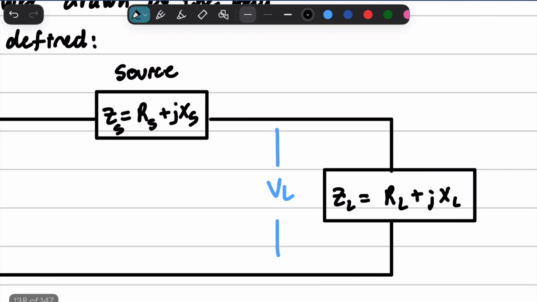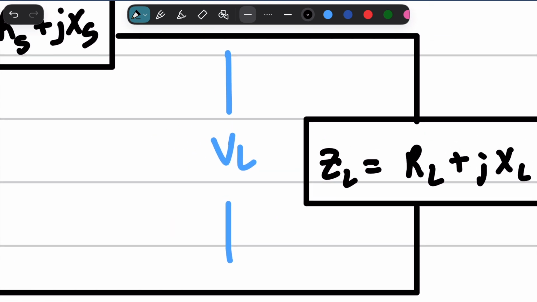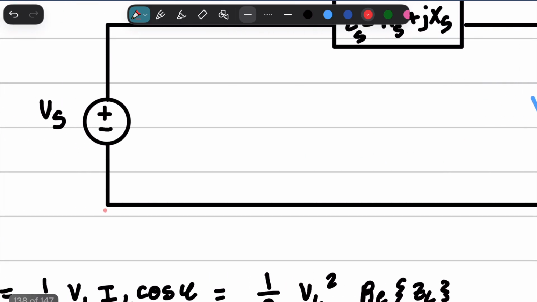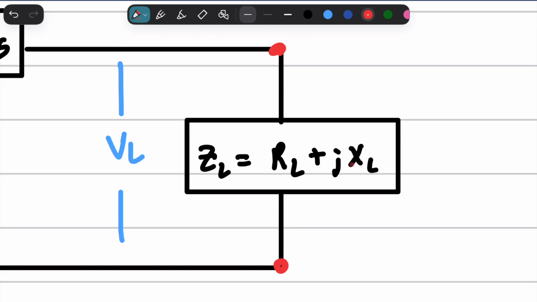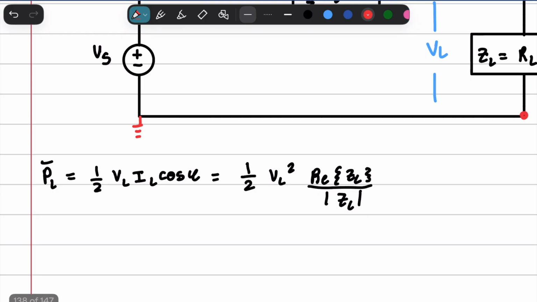And I have written right here V sub L, which is the voltage. This is the voltage difference between ground and the point at which the load system starts. And that is the voltage that we're actually going to use right here.